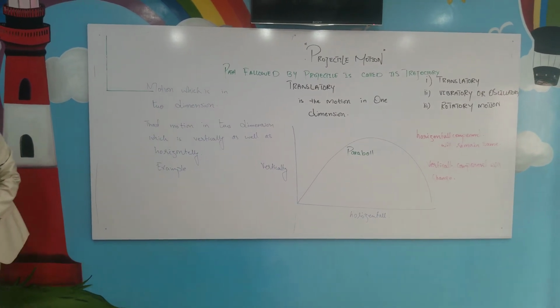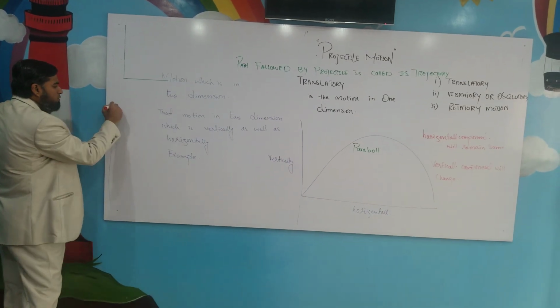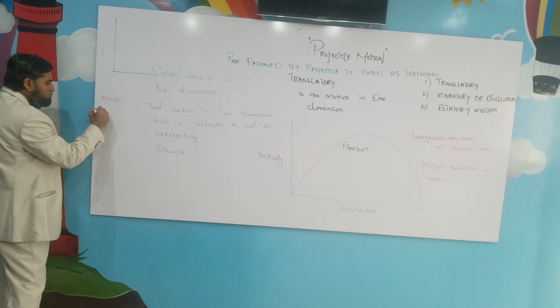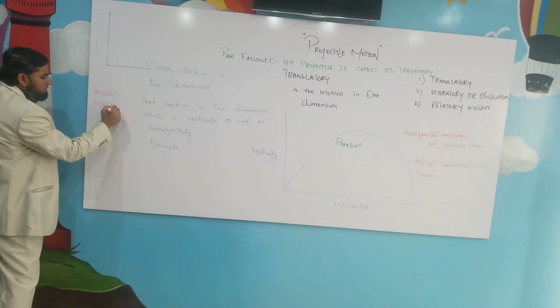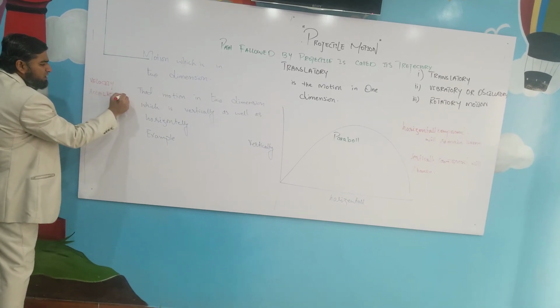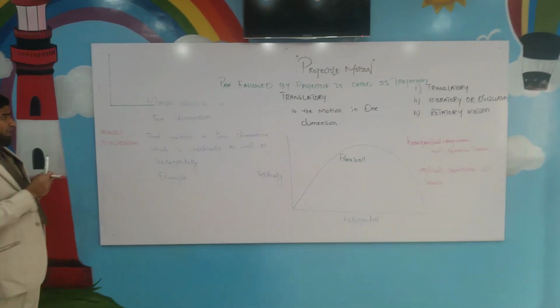The terminologies which we will discuss here: number one is velocity, number two is acceleration, that is, what will be the acceleration and velocity of a projectile.